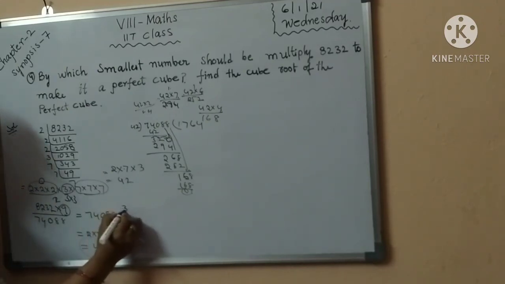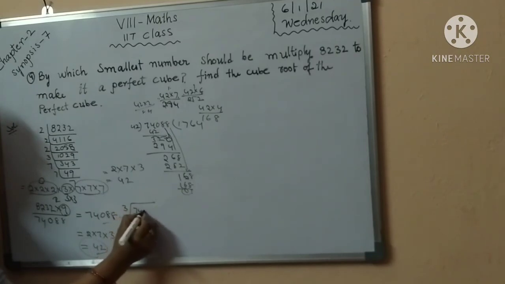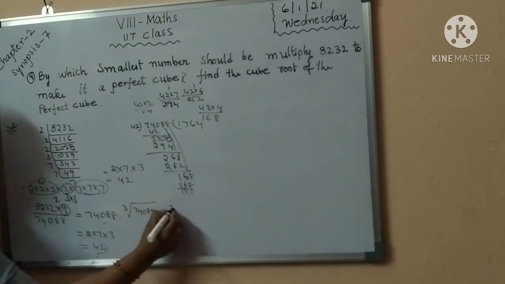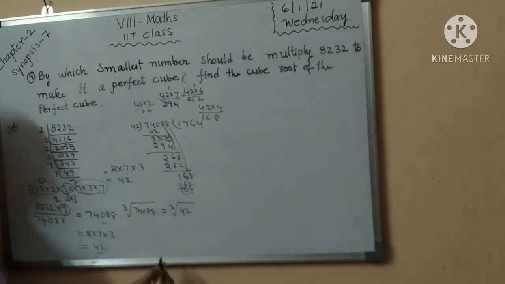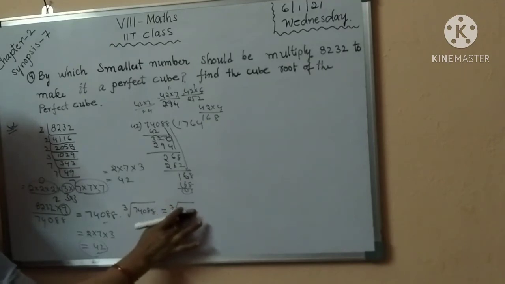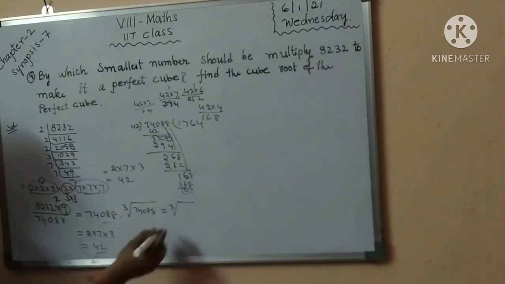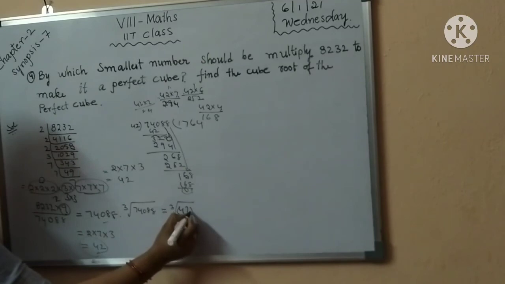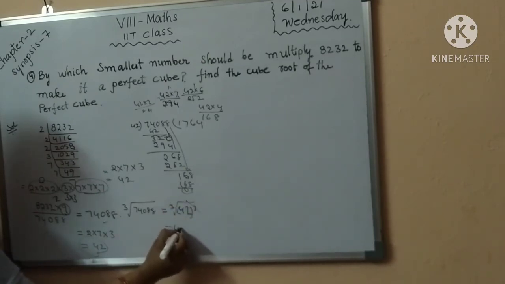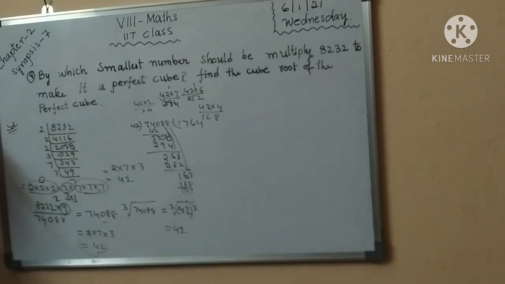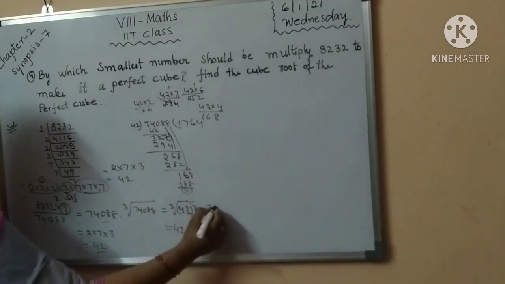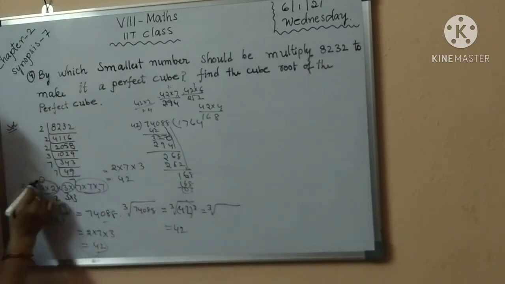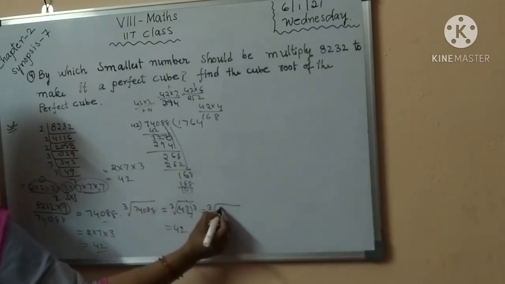So the cube root of 74,088 equals 42. Did you understand? Once more, the cube root of 74,088: here the group of 3 twos, 2 into 7 into 3, whole cube.